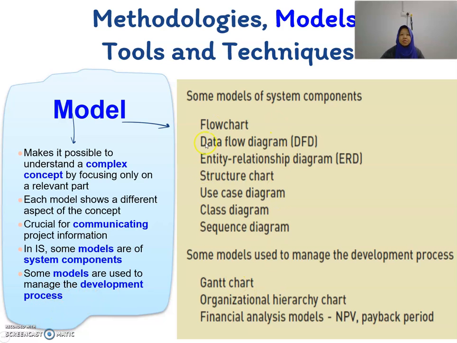And these are some models of the system component. For example, the flowchart, data flow diagram, entity relationship diagram, structure chart, use case diagram, class diagram, sequence diagram. And some models used to manage the development process: Gantt chart, organizational hierarchy chart, and financial analysis model.